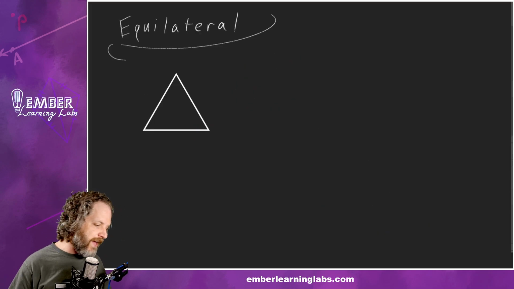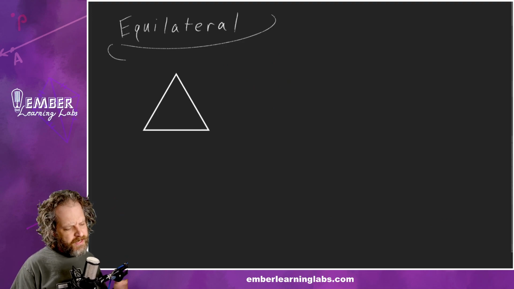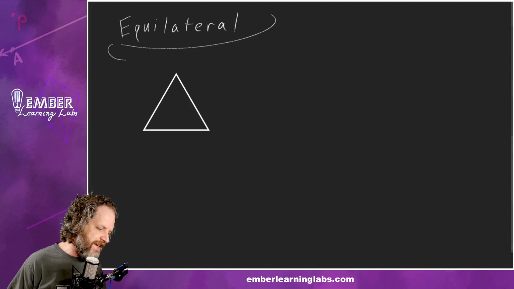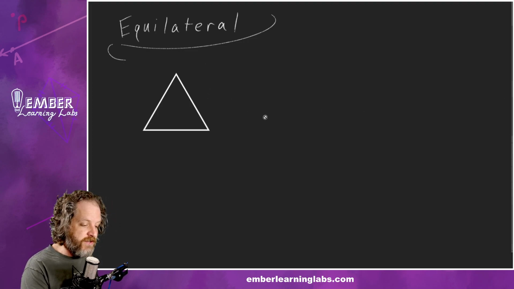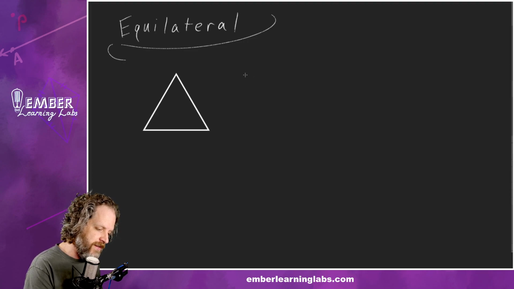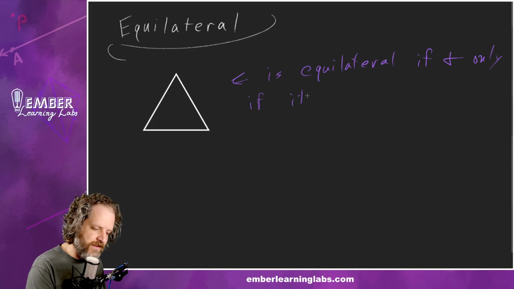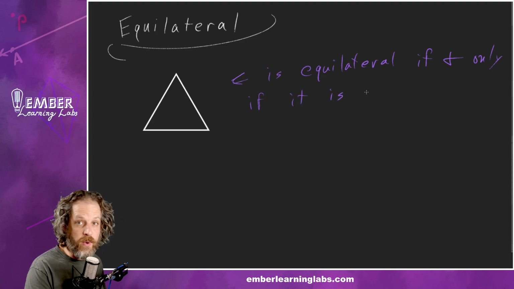Now we also have equilateral triangles. There's an equilateral triangle theorem that's associated with it. And it says that a triangle is equilateral if and only if it is equiangular.